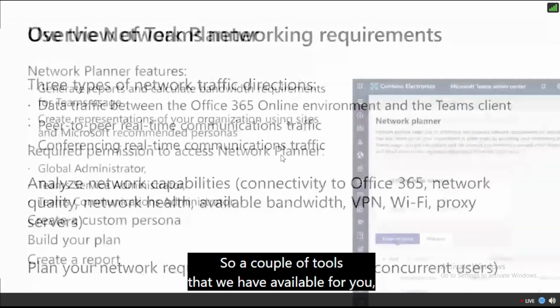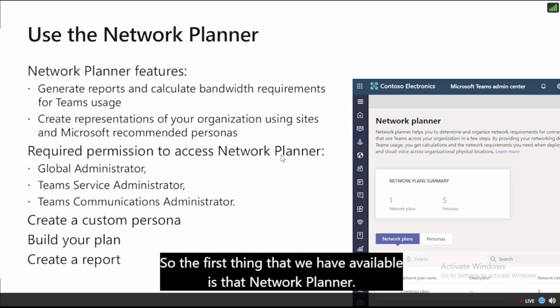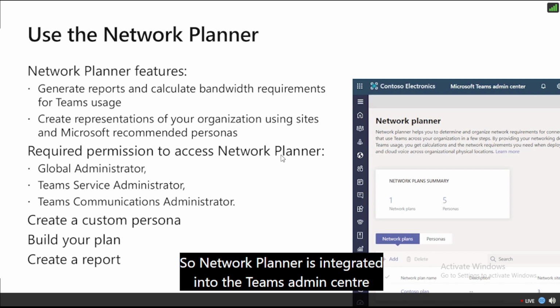So there are a couple of tools that we have available for you, so you don't need to start from scratch and figure these things out by yourself. The first thing is the Network Planner. Network Planner is integrated into the Teams Admin Center, and from there you can build profiles or personas.